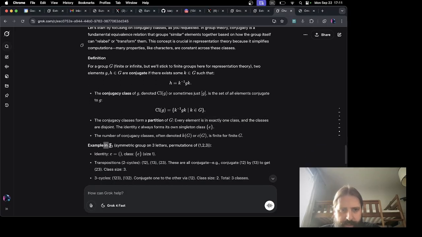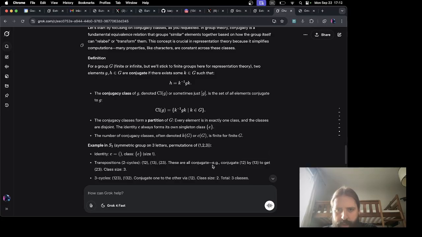The example is S3, the symmetric group on 3 letters, permutations of 1 to 3. The identity is one class. Then we have the 2-cycles (1 2), (1 3), (2 3). These are all conjugate. These are all conjugate because what?